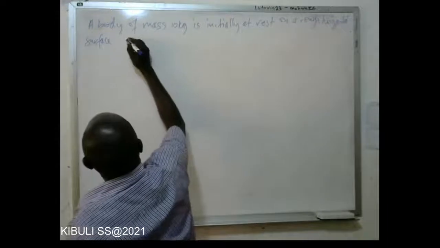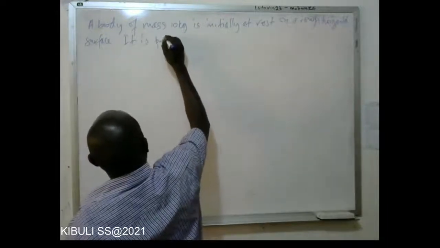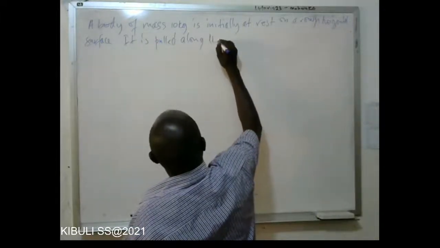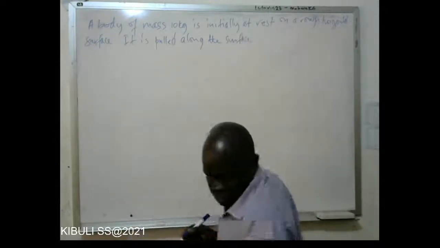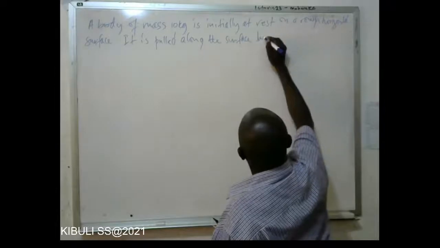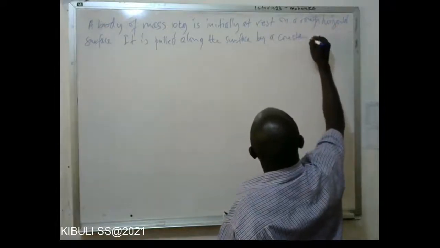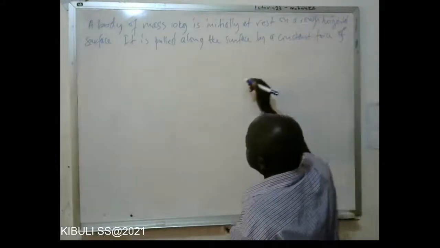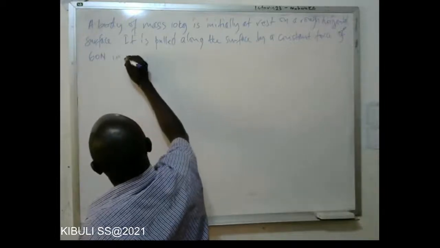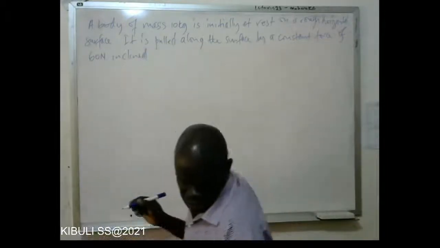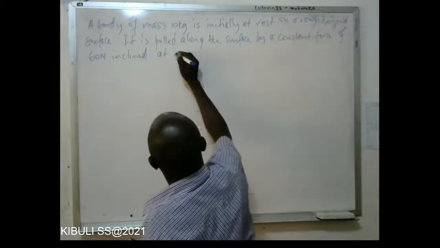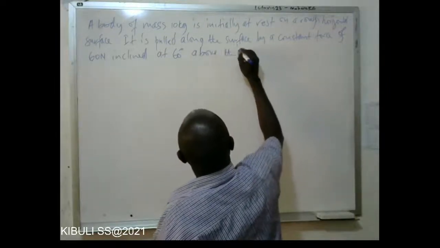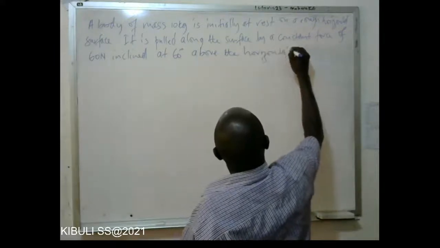It is pulled along the surface by a constant force of 60 newtons inclined at 60 degrees above the horizontal.